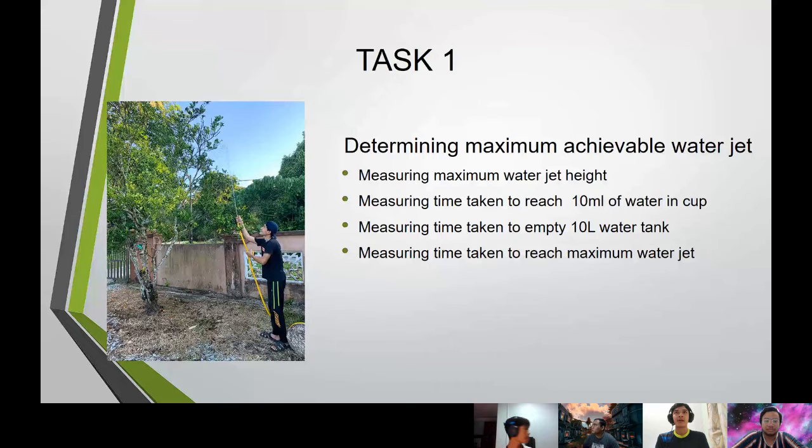So my explanation is about task 1. For task 1, we determine the maximum achievable water jet.